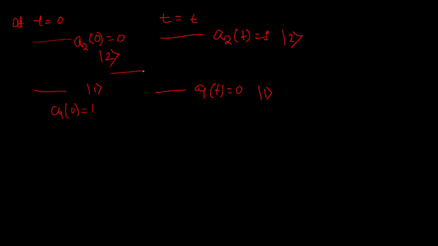Now going from t0 to t dash, the population is reversed, because as we know the probability is proportional to the population. So if the population is reversed, that means the system has been excited from state 1 to state 2 upon shining light or any perturbation.